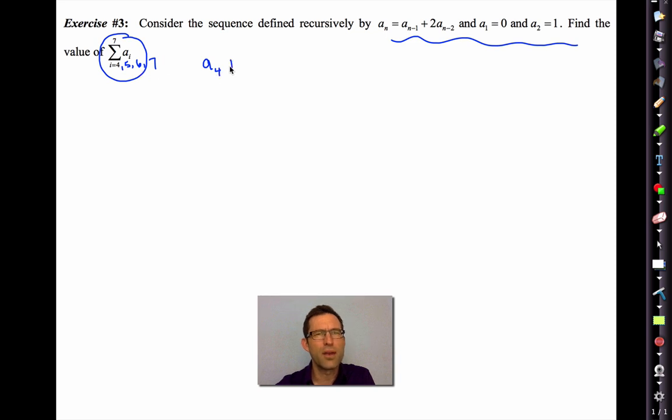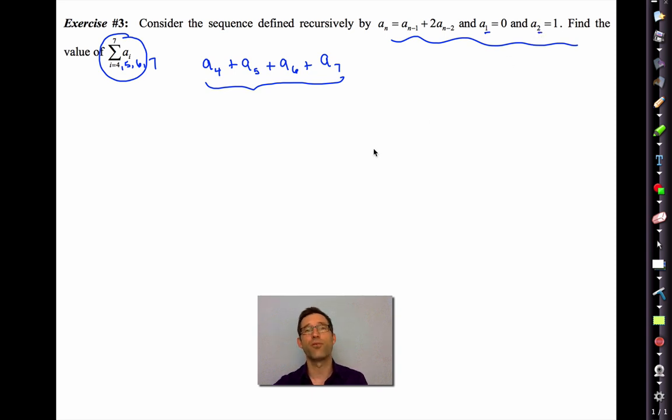Then I'd go up and I'd get A5. And then I'd go up one more and I'd get A6. And go up one more and I'd get A7. So really, all this thing is telling me to do is add the 4th through the 7th terms of the sequence. But I only have the first term and the second term. I still need 4, 5, 6, and 7.